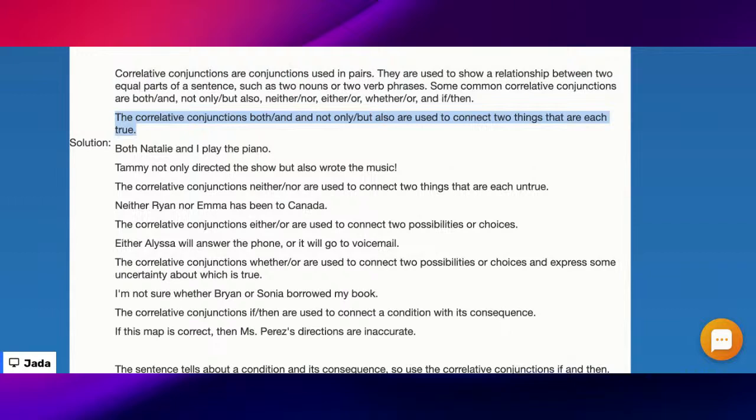It shows the things that are true. So that's the use of both and, or not only but also.